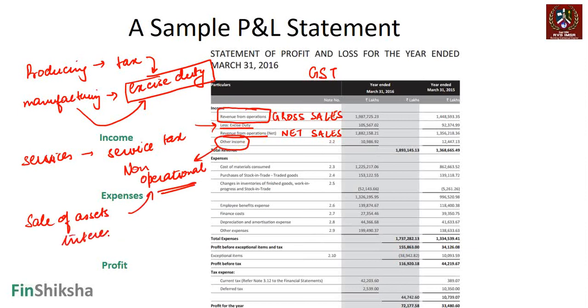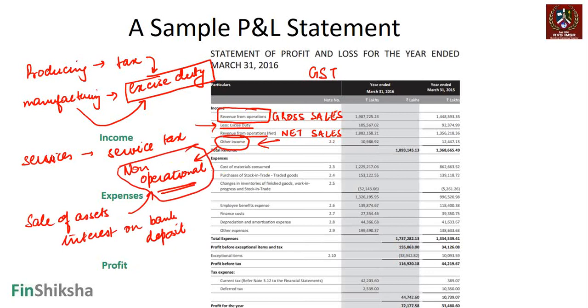Interest on the money that the bank deposits for the company have. So interest on bank deposits, that's non-operational. One good test to find out what is other income is if the company stops its business operations, right? Even if the company stops the business operations, the non-operational income should keep coming in.